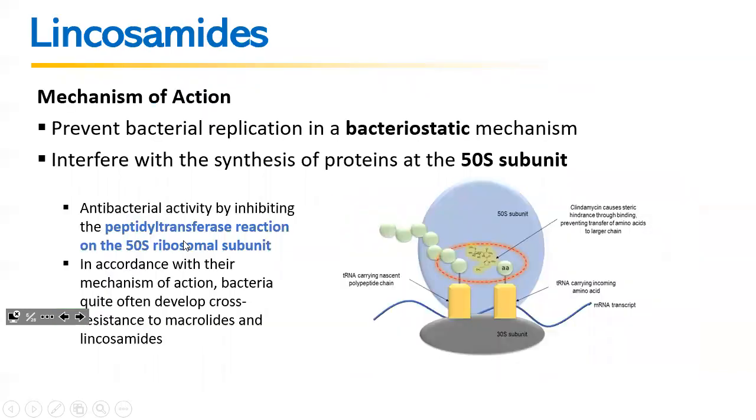Now, similar to the macrolides, lincosamides exert bacteriostatic activity. They interfere with the synthesis of proteins at the 50S subunit. Their antibacterial effect is exerted by inhibiting the peptidyl transferase reaction, located on the 50S subunit of the bacterial ribosome.